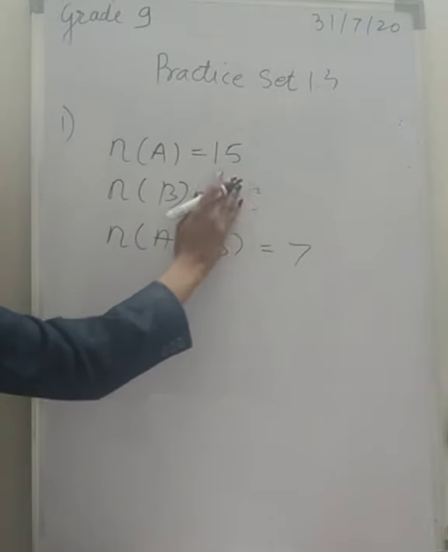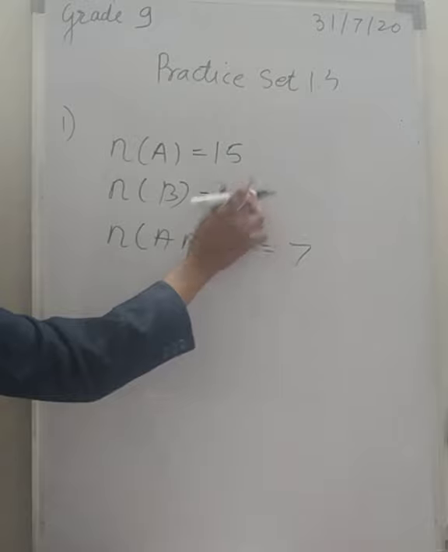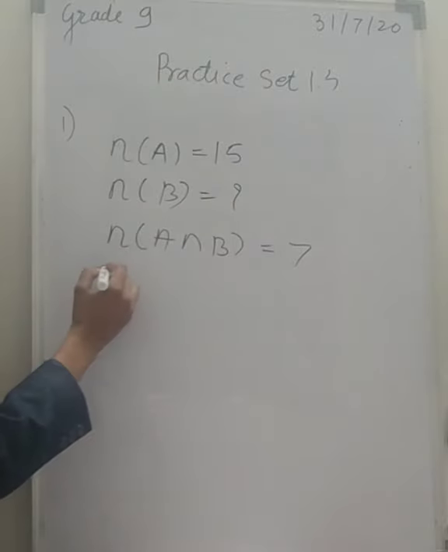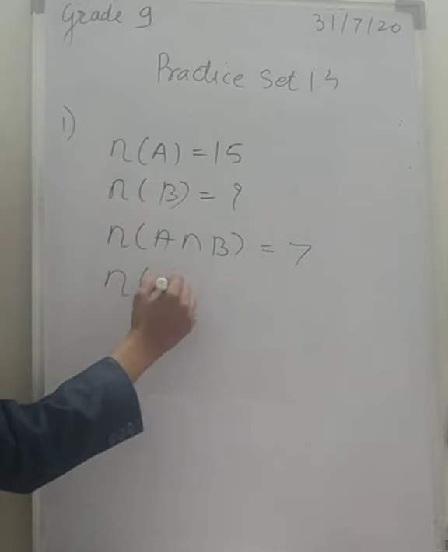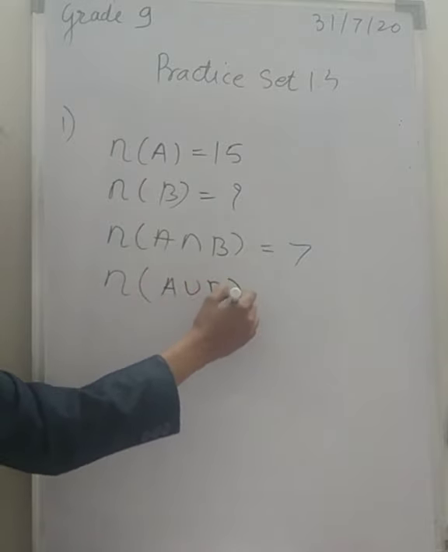We need to find the number of elements present in B, but the number of elements in A union B is given as 29.